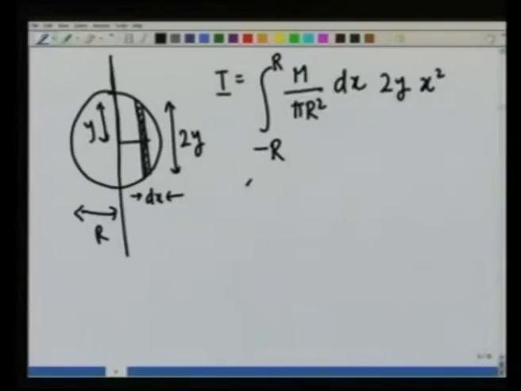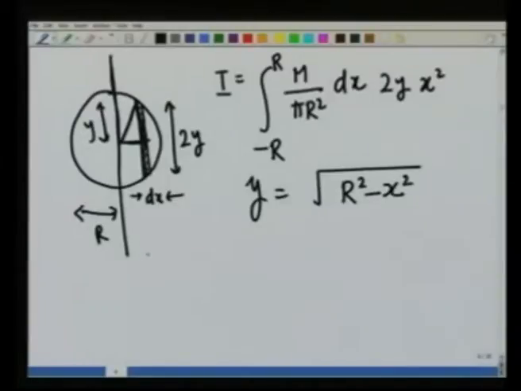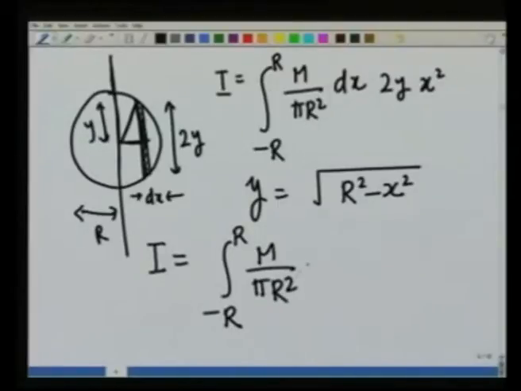What is y? y, you can see from this right angle triangle, is going to be equal to square root of r square minus x square, and therefore, the moment of inertia about one of the diameters is going to be integral from minus r to r of m over pi r square times 2 y, which is square root of r square minus x square, times x square dx.